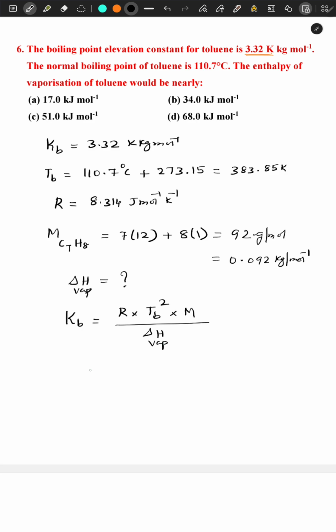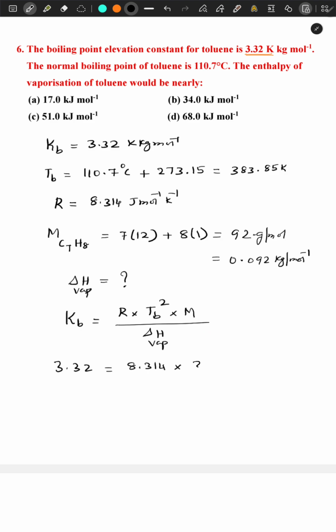So now you substitute. What is the value of Kb? That is 3.32 is equal to the R value, of course, 8.314. That is in joules, we have to take it because the options are all in joules.